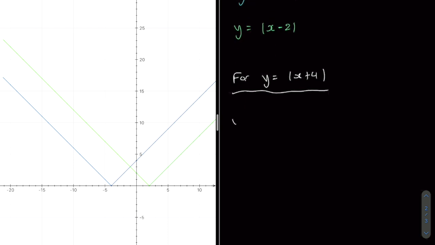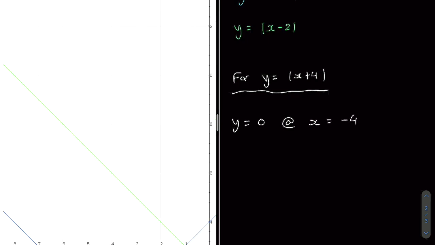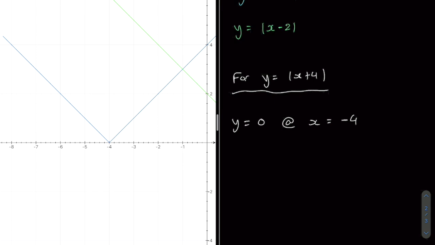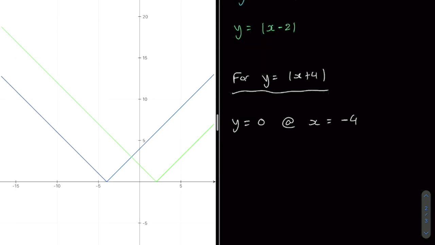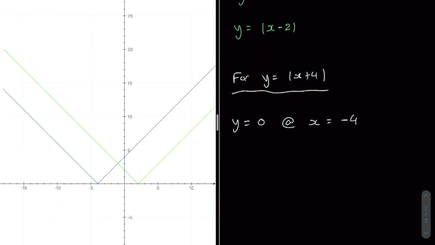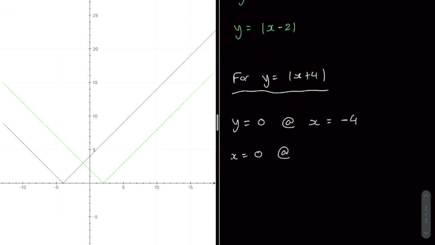Well, y equals 0 when x equals minus 4, as you can see. And x equals 0 at y equals 4.